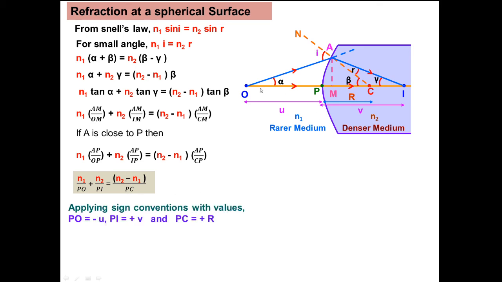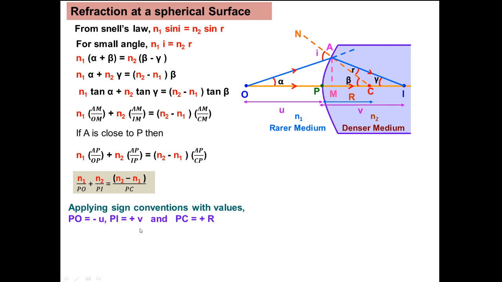Now we use the sign convention: distance measured from the pole in the direction of the incident ray is taken as positive, and against the direction of the incident ray it is negative. So from P, if we go towards O, we are moving against the direction of the incident ray, so it is negative.